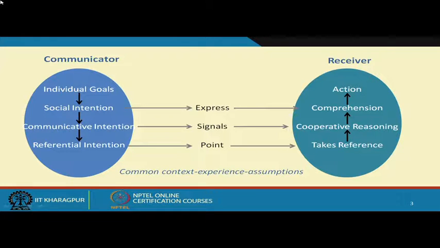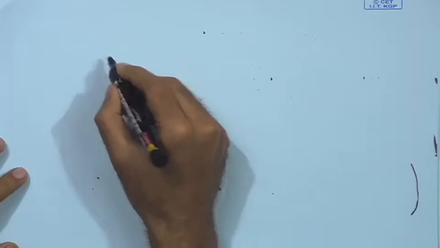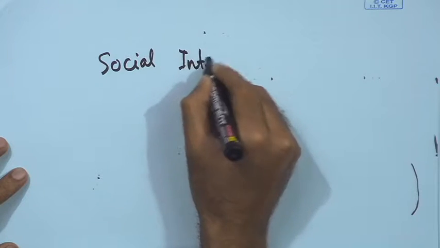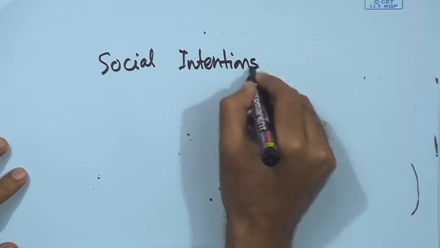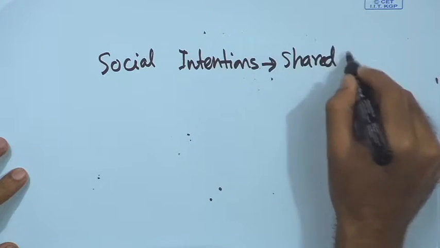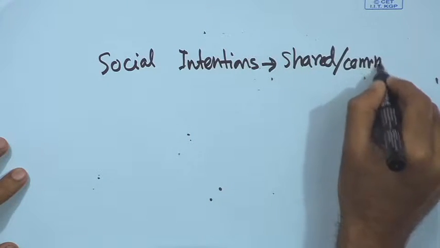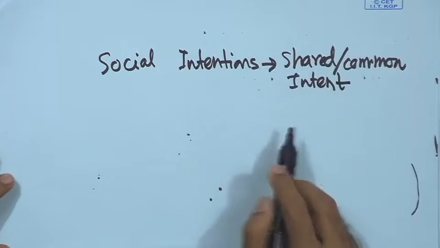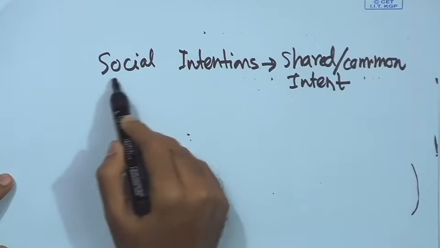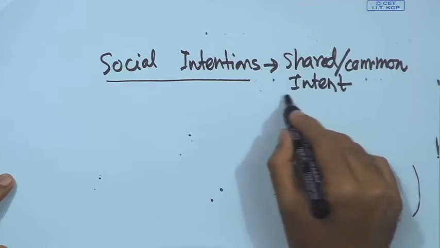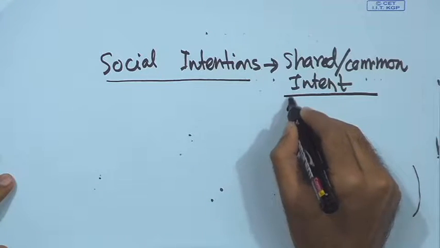So once you have understood the social intention, these are the shared or common intent. So we try to understand the social intentions by a shared or common intent.